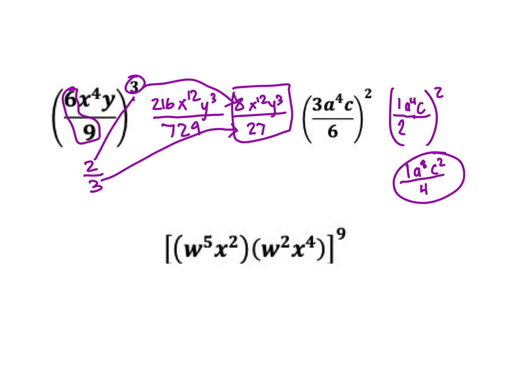So on the inside here, I'm going to multiply out my w to the 5th, x to the 2nd times w to the 2nd, x to the 4th. So I'm just going to add those exponents first. Then I'm going to take it to the 9th power, which multiplies these out. So I've got w to the 63rd and x to the 54th. Yikes, those are big numbers.